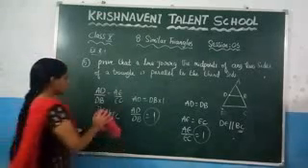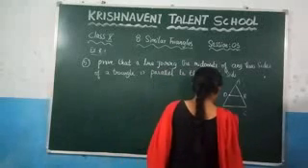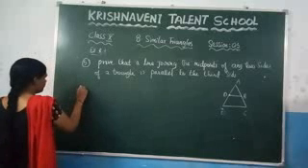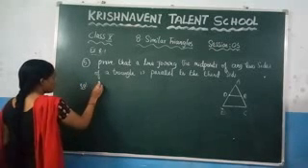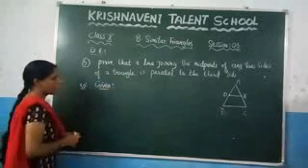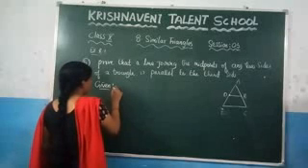Now write this one. While writing the proof, you always have to write what is given and what we need to prove. Then only you start the proof. So write here what is given.